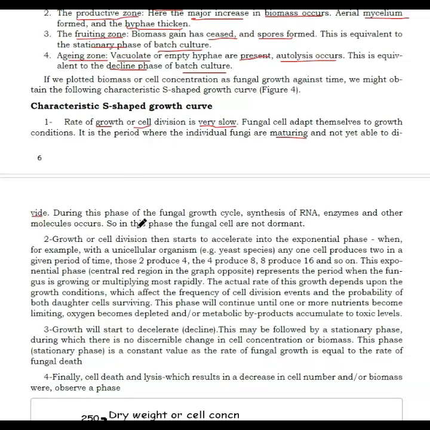During this phase, which is the lag phase of the fungal growth cycle, RNA is synthesized, enzymes and other molecules are synthesized, and this phase is not dormant because growth and cell division occur in this phase, but very slowly.